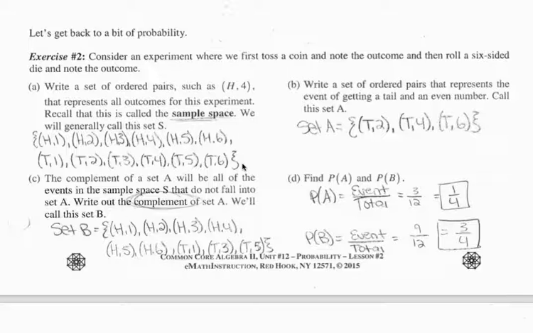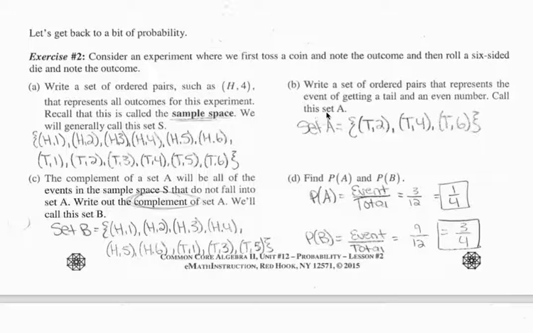If you need to, pause the video to make sure that you've had an opportunity to write down all of these combinations. Part B, write a set of ordered pairs that represents the event of getting a tail and an even number.